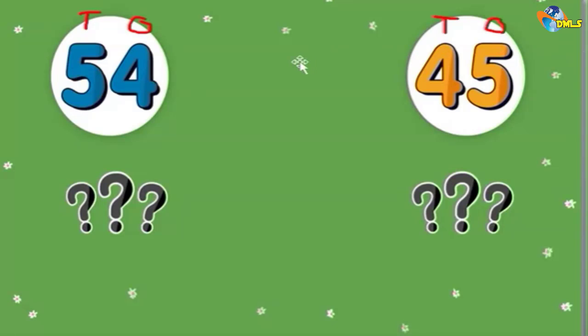Now, we have here 5 tens and we have here 4 tens. So, what do you think? 5 tens or 4 tens? For sure, 5 tens is greater than 4 tens. So, we can say that 54 is greater than 45.